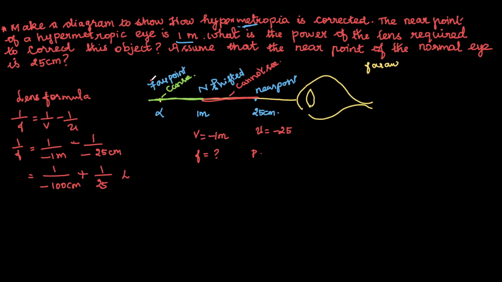What is the LCM? The LCM of 100 and 25 is 100. So taking 100 in the denominator, minus 1 plus 4, since 25 fours are 100. So 1 by F is equal to 4 minus 1, that is 3 by 100. So F is equal to 100 by 3 centimeter.